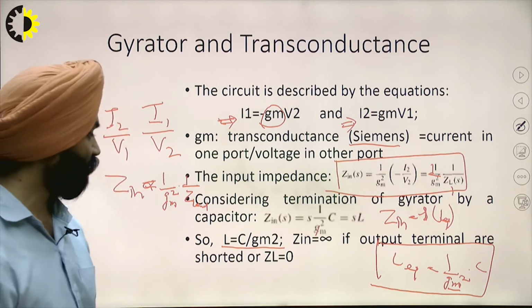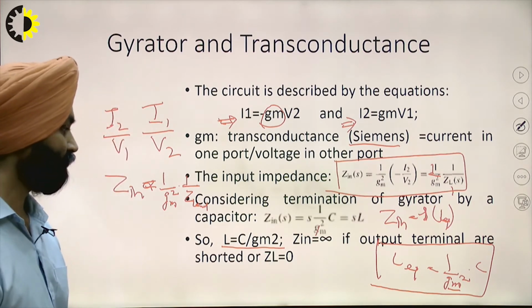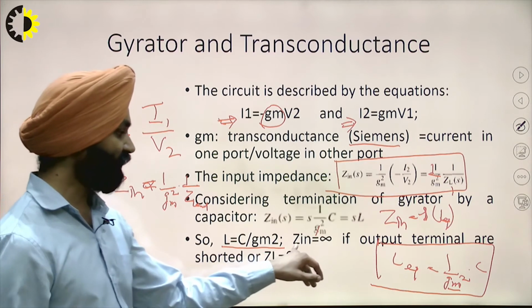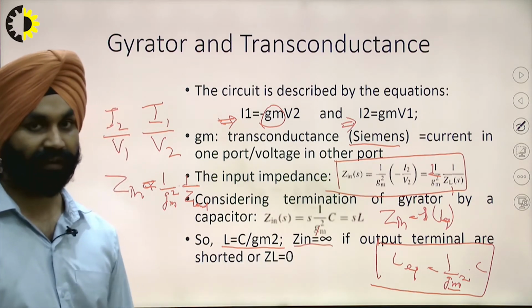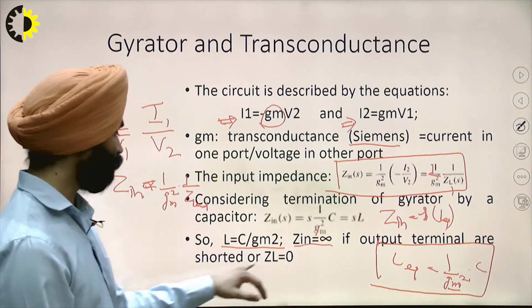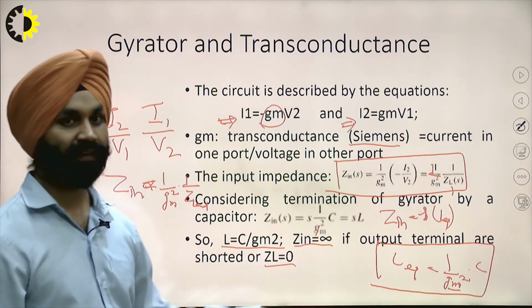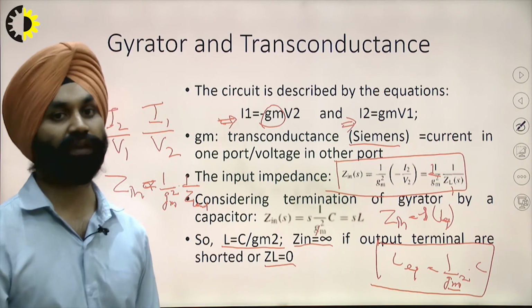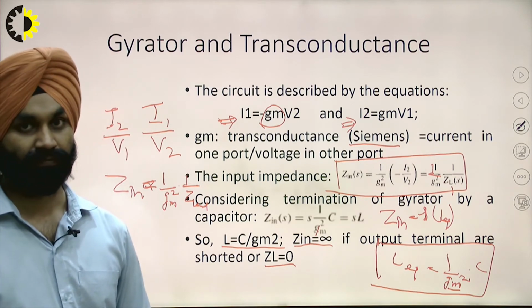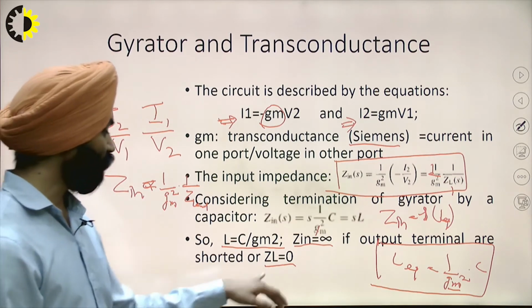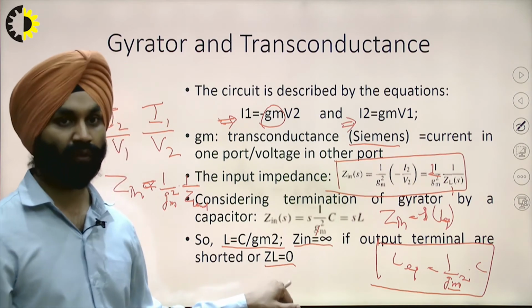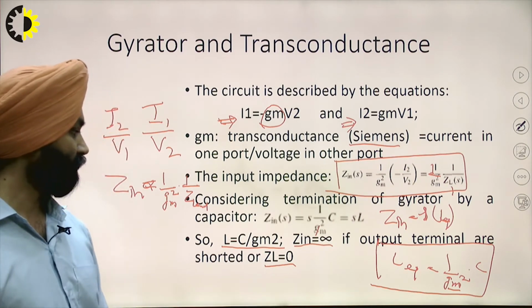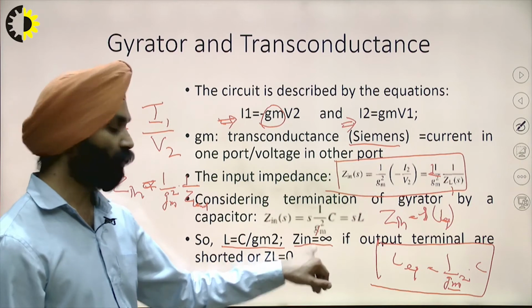Now again if Zin is infinite, ZL will be 0, or if Zin is 0, ZL will be infinite. That means if we make the load a short circuit, this will be an open circuit.